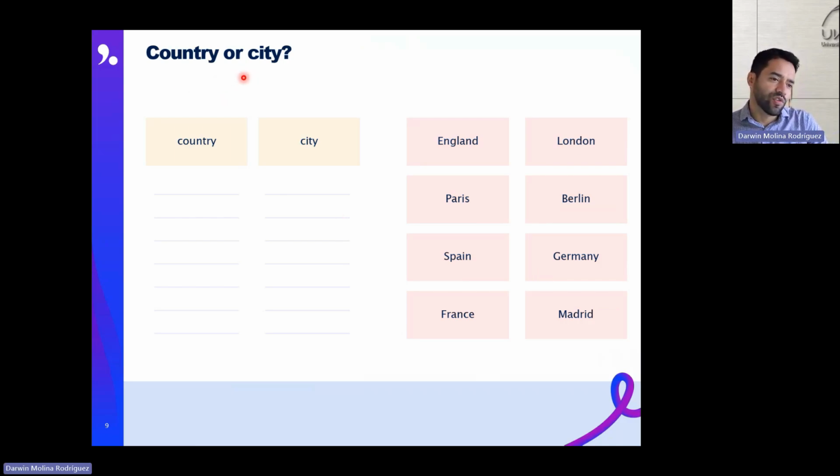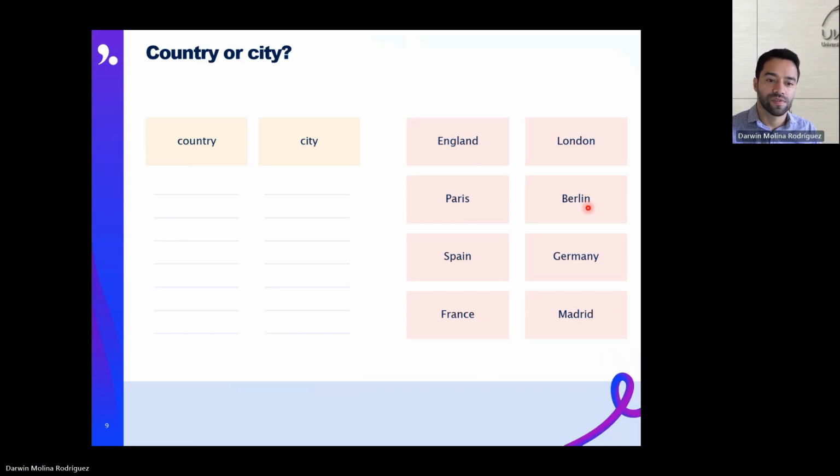Country or city? So you have to categorize if it is a country or a city. Country es un país, city pues es una ciudad. So England is a country or a city? England is a country. London is a city. Paris is a city.